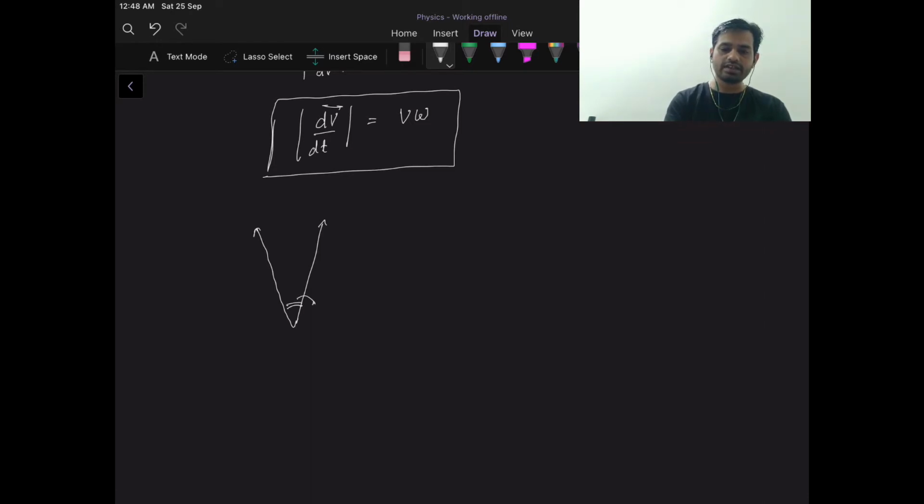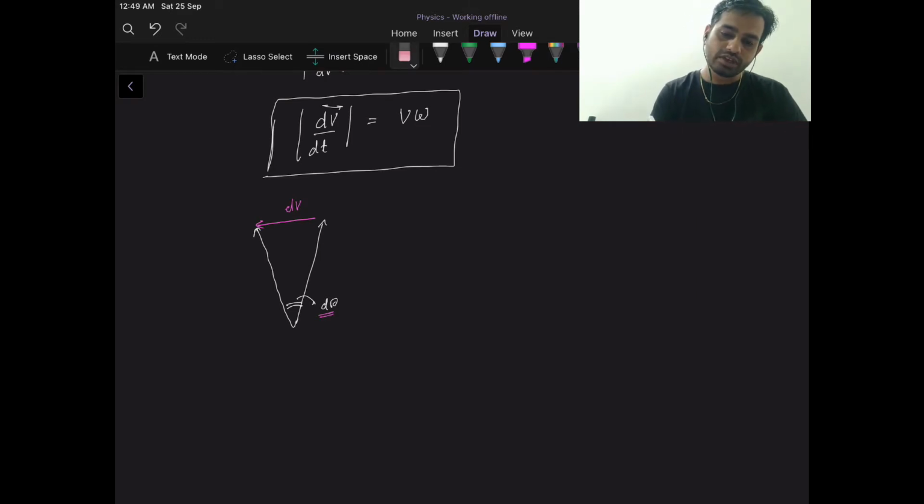We can say that this angle is d theta, and this vector will be equal to dv.